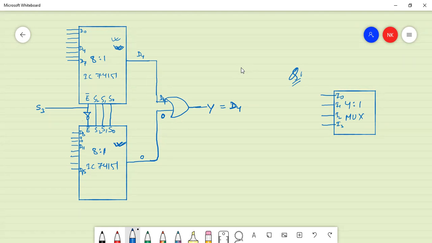An input C is given and it is shorted with this input, and here we also have an input C bar and it is shorted with this input. Please tell me the output. There are two select lines, S0 and S1. So what is the output here? Please do it on your copy, or if you can do it mentally, then please tell me the answer.